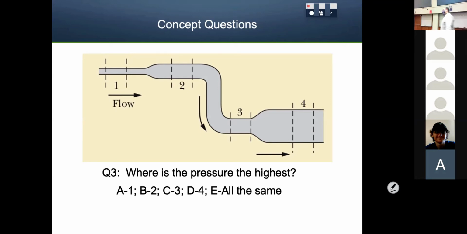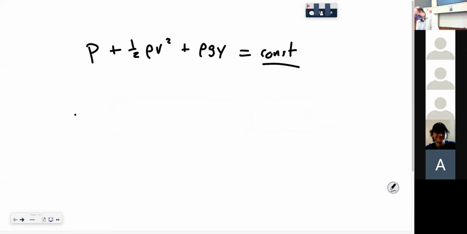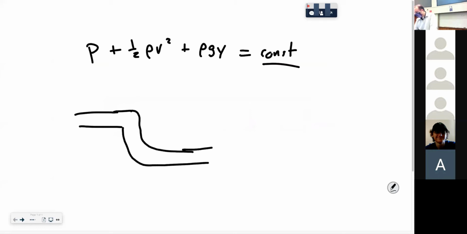Here's a challenger question that I'm not going to ask specifically on the slide, but will be important for homework next week to think about. If you were to have a vertical pipe moving up out of 3, let me actually draw this. This is actually a thing. Let's say you had the same thing. You've got a pipe. Let's not worry about it changing size now. So it's the same size always.